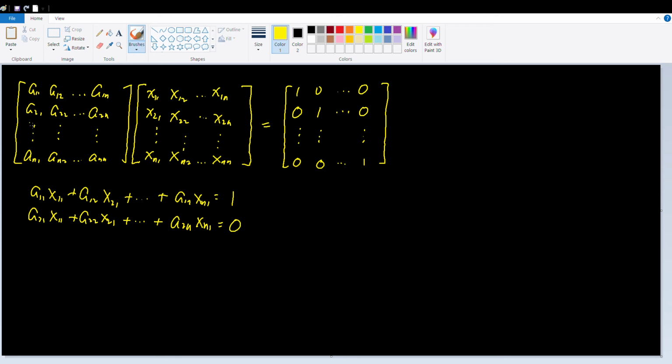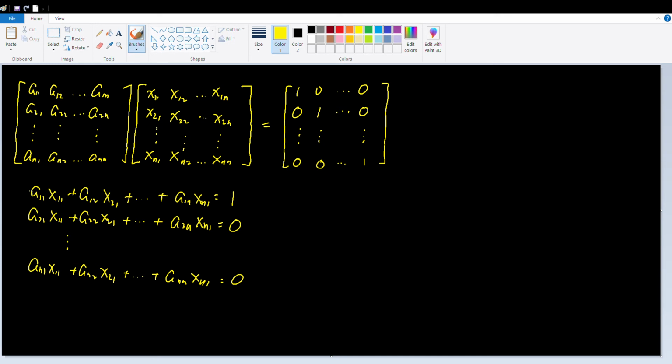And we do that, the multiplication of every row of A to the first column of X, up to the last row, we will get An1, last row of A multiplied to the first column, and that must equal 0. So An1 times X11 plus An2 X21 and so on and so forth plus Ann Xn1 equal to 0.